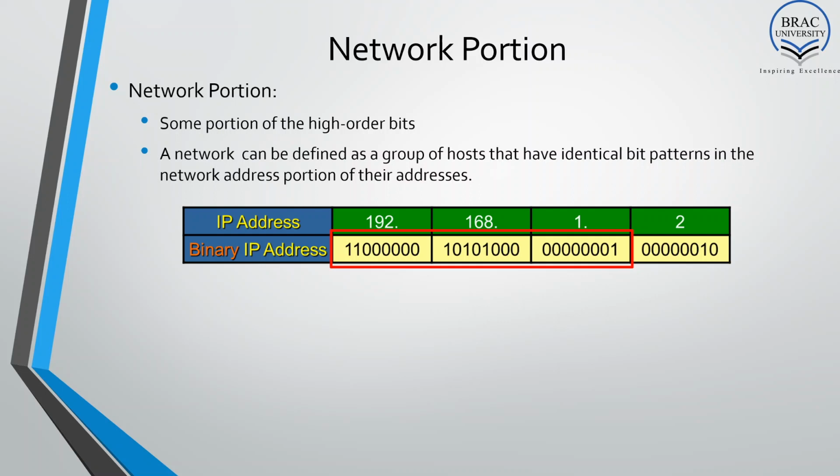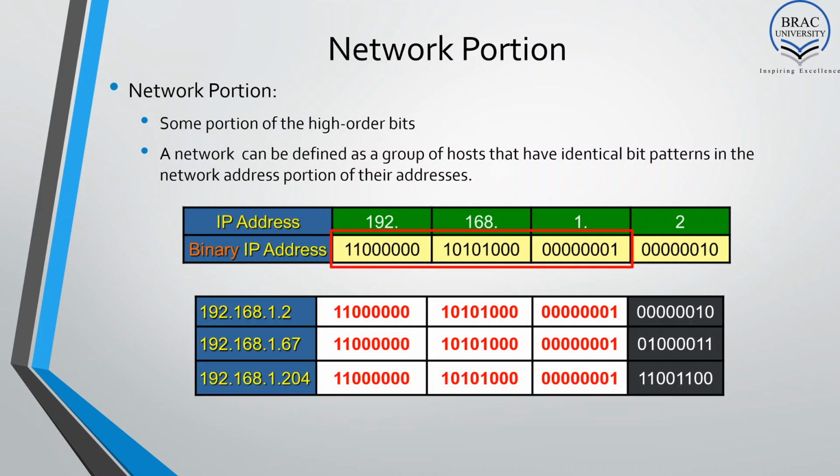In other words, a network can be defined as a group of hosts that have identical bit patterns in the network address portion of their address. Here, as you can see, these three computers all have the same network portion but different host portion.